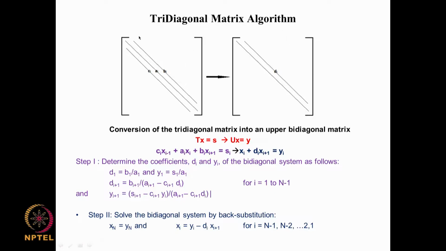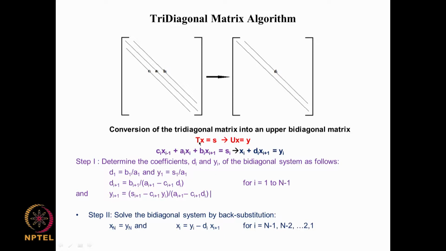What we do in the TDMA is to convert this tridiagonal matrix into an upper bidiagonal matrix, in which you have only two non-zero diagonals and all the others are 0, and out of these non-zero diagonals the main diagonal is taken to have values of 1. Every element on this has a value of 1, and only Di are non-zero, and these are yet to be determined.